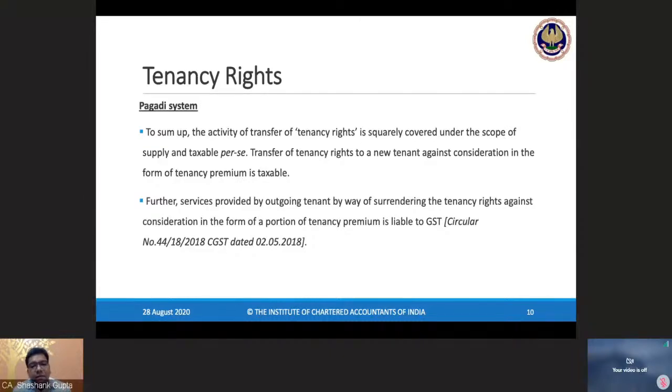Further, services provided by the outgoing tenant by way of surrendering the tenancy rights against consideration in the form of a portion of tenancy premium is also liable to GST.